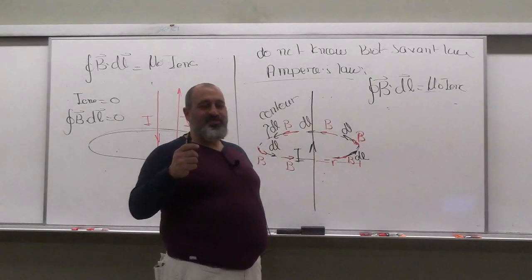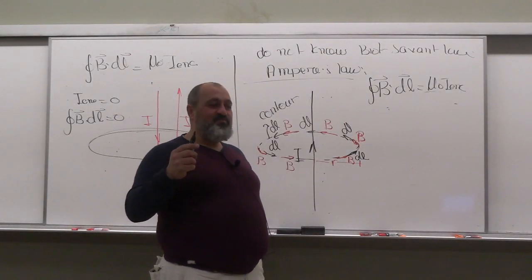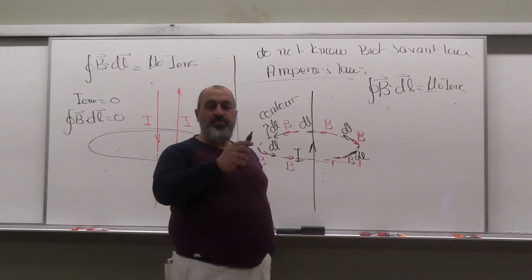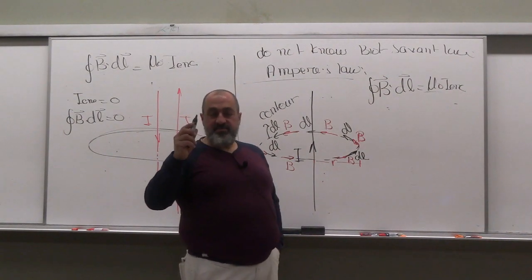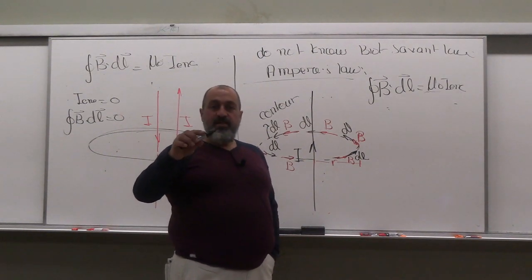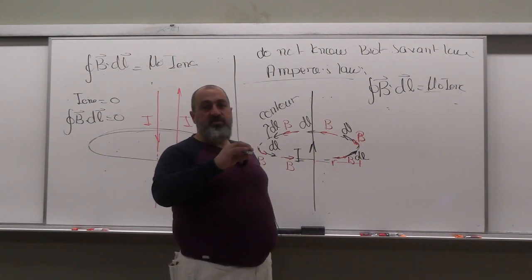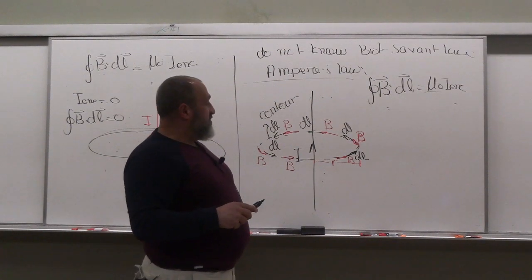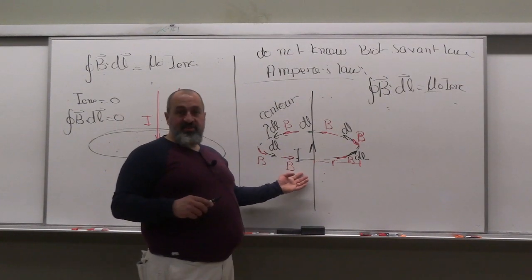All right, good, we're back on. We're seeing the importance of picking a loop over which the magnetic field was uniform and parallel to the loop. And this is what we applied in this case.